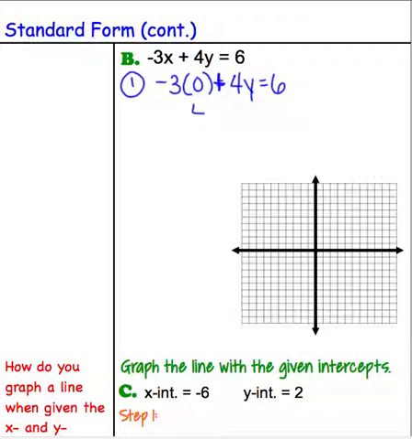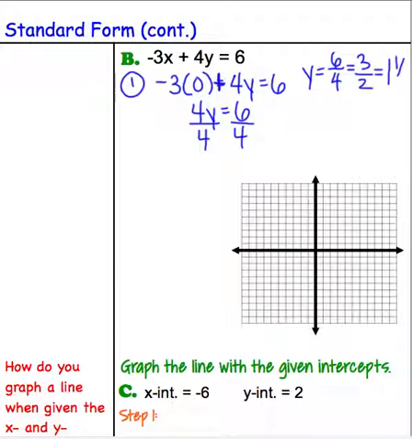So that gives me 4y equal to 6. And when I divide by 4, I get y equal to 6 over 4, which simplifies to 3 over 2. Which if I turn into a mixed number, 1 and 1/2, is a lot easier to look at. So my y-intercept is 0, 1 and 1/2.